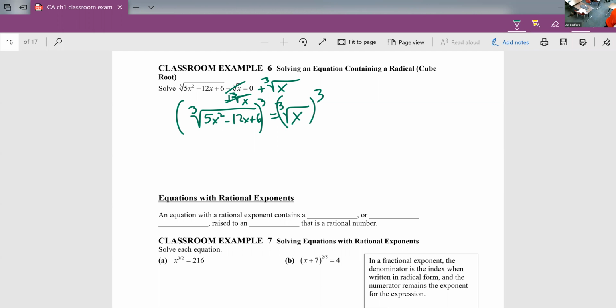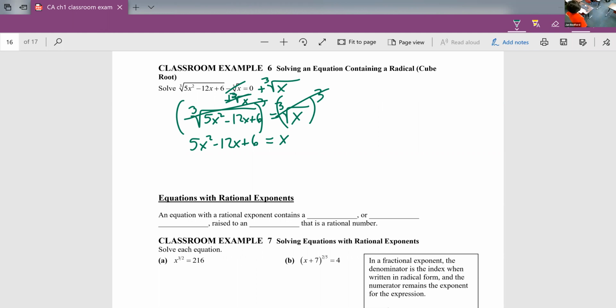Now, when I do that, what does that give me on the left? Right, the cube cancels out the cubed root, and that leaves me with 5x squared minus 12x plus 6 equals, what's on the right side now? Just x, because the cube canceled out the cubed root. We together so far? Okay, so let's look at what we have.